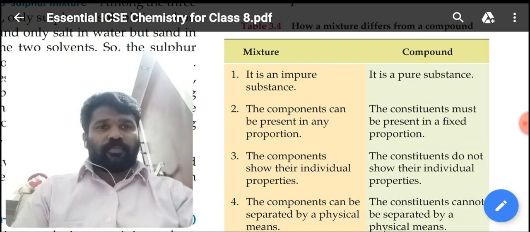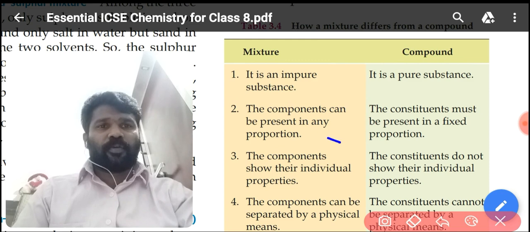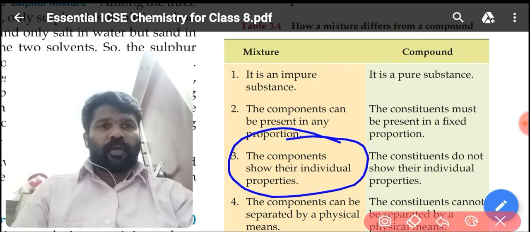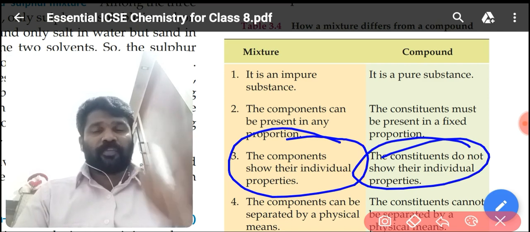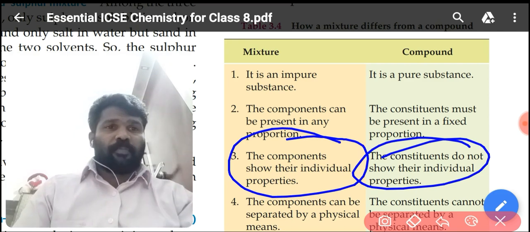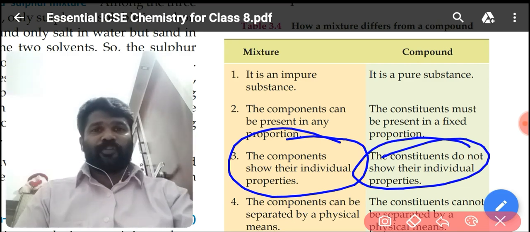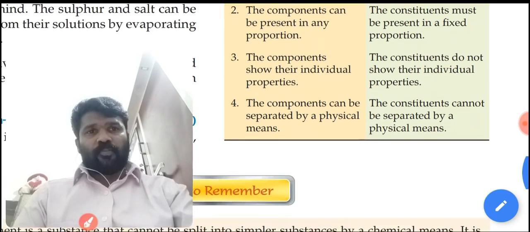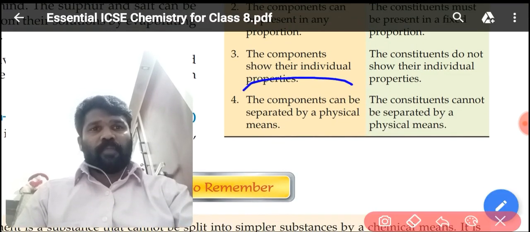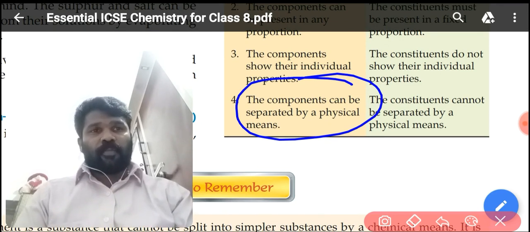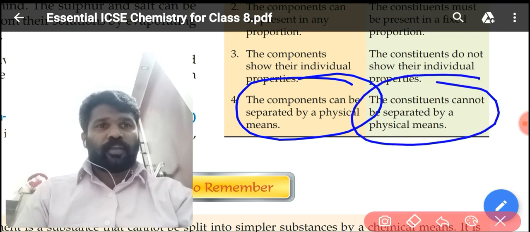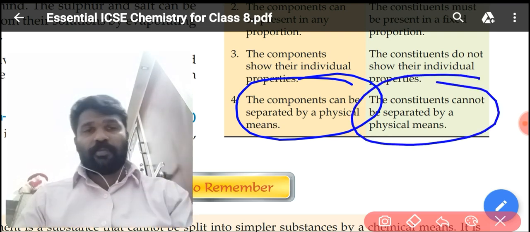Third, the components show their individual properties in a mixture, but the constituents do not show their individual properties in a compound. Fourth, the components can be separated by a physical method in a mixture, but the constituents cannot be separated by a physical method in a compound.